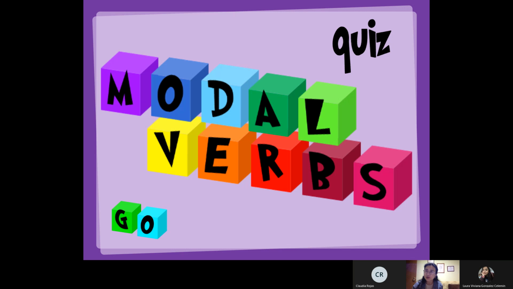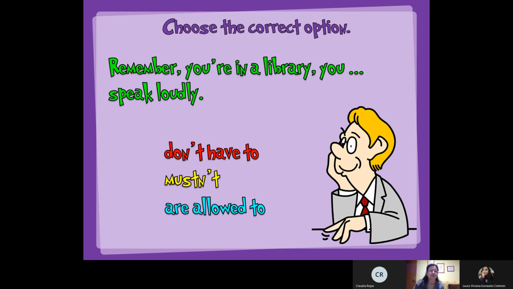We are going to use not only the modals must and have to that we have studied previously, but also the modals that we practiced last week. So in this quiz also, you can select the modals should, can't, could, okay? All of the modals. But let's start.